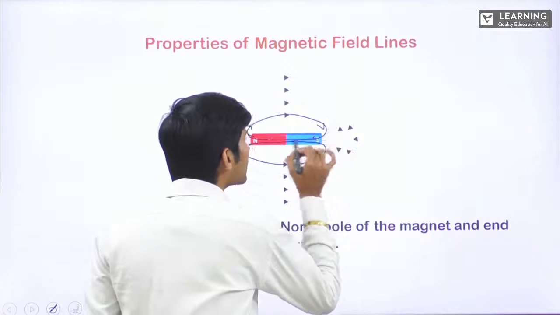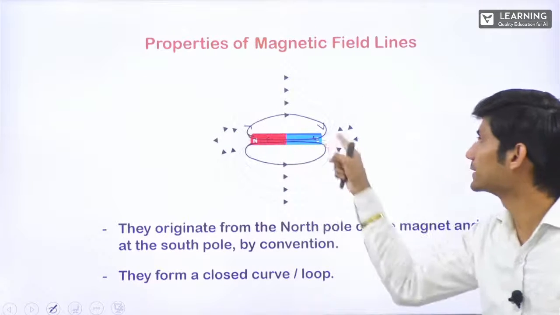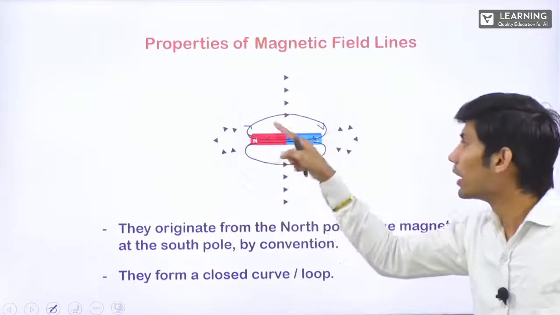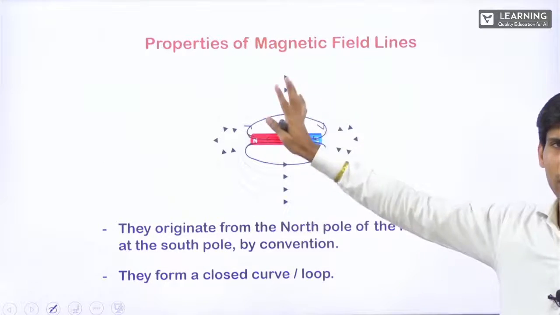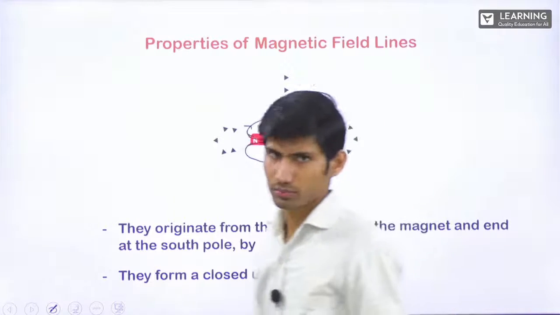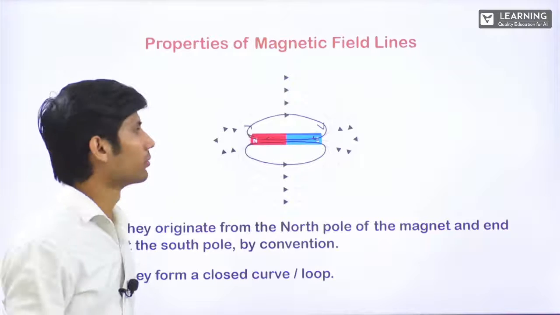Inside the magnet the direction will be from south to north. See, if I go like this, inside it is from south to north. Always remember, outside, remember only one, outside north to south. Inside it will be automatically south to north. Clear? So this is one such thing which you have to remember.